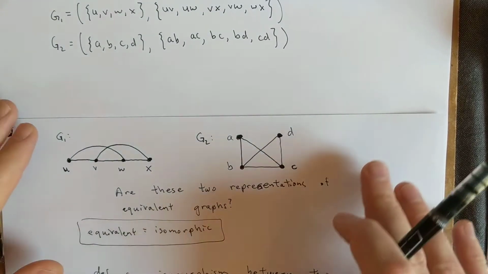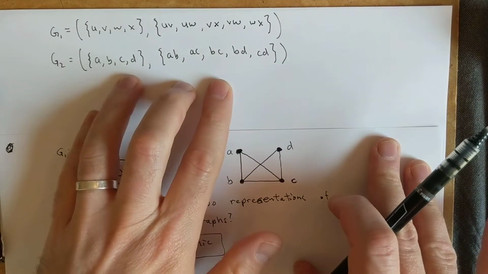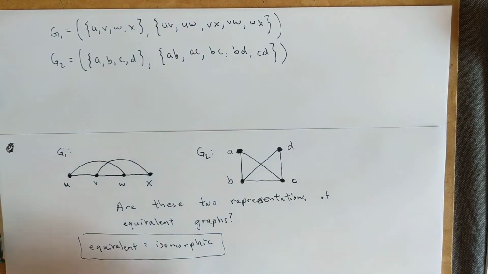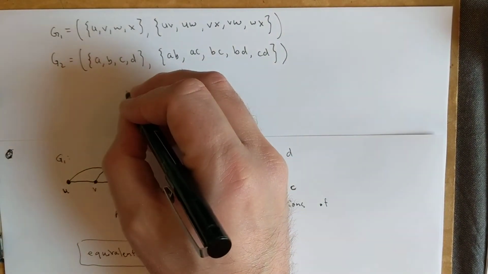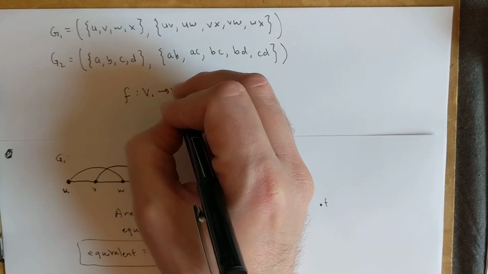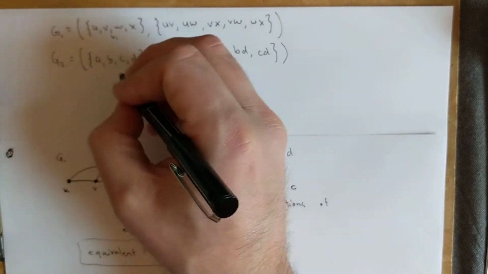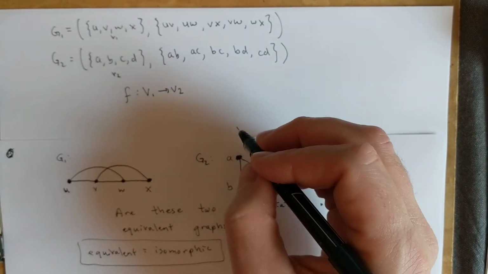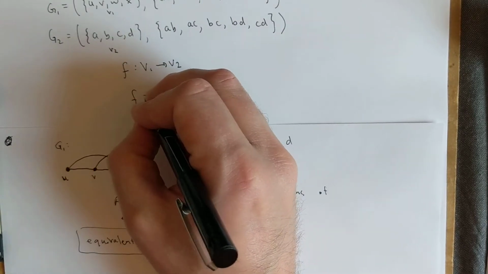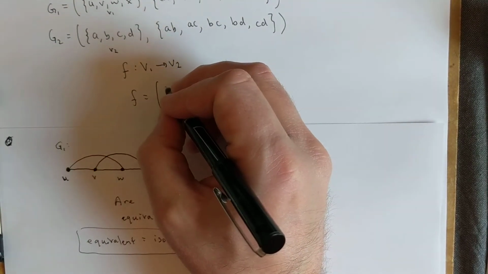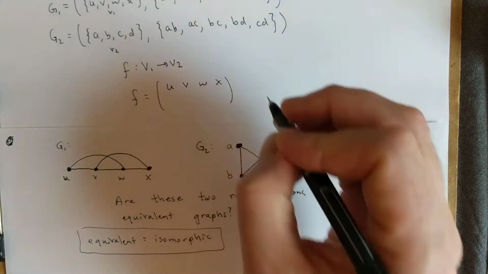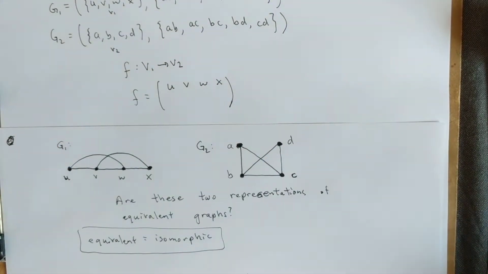And so here is the actual definition of our graphs, the vertices and edges. And what we've been asked to come up with is a bijection. And remember, it's from V1 to V2. So here's my V1, here's my V2. And so that means our function f is going to have as its domain the set of vertices in G1.